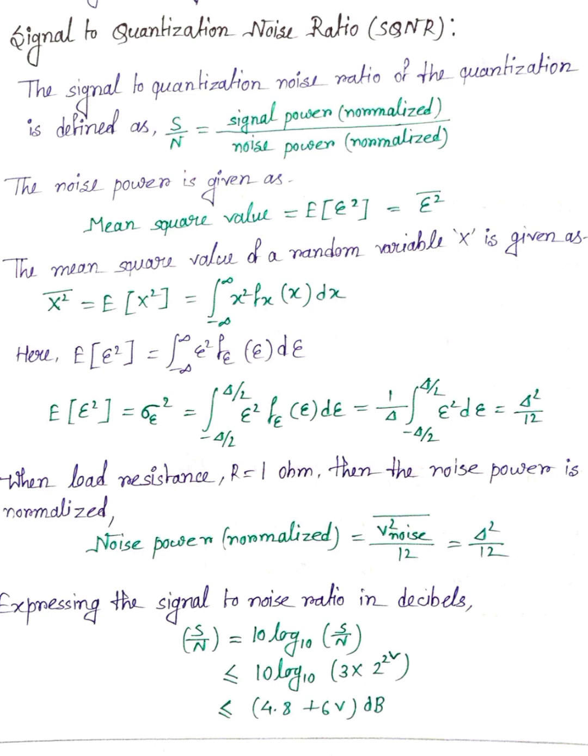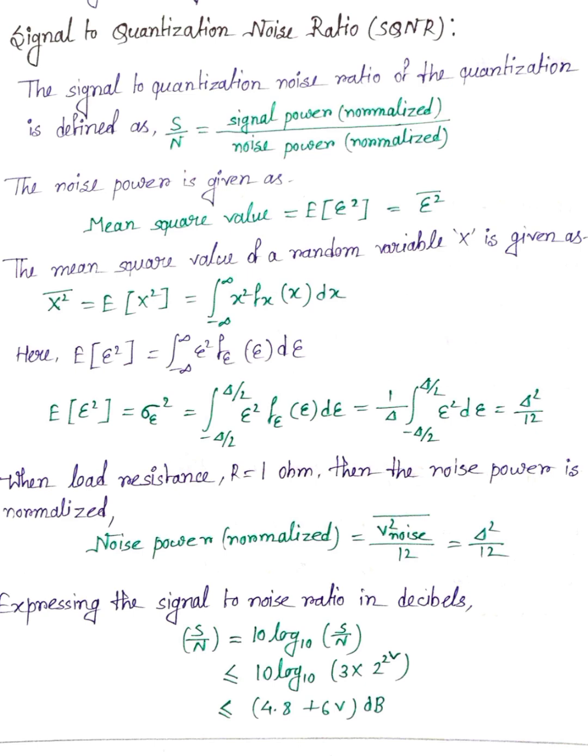Signal to quantization noise ratio (SQNR). The signal to quantization noise ratio is defined as S by N equals signal power by noise power. The noise power is given as the mean square value, equals expectation of epsilon square, equals epsilon square bar.